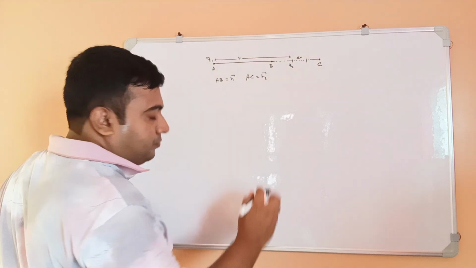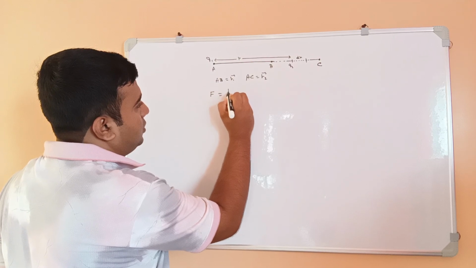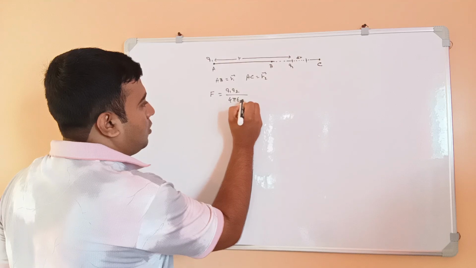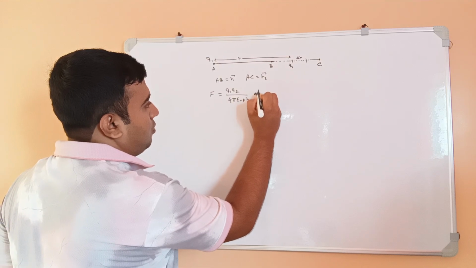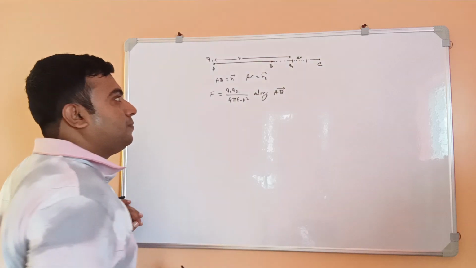So from Coulomb's law, the force is Q1 Q2 by 4 pi epsilon naught R square acting along the AB vector.